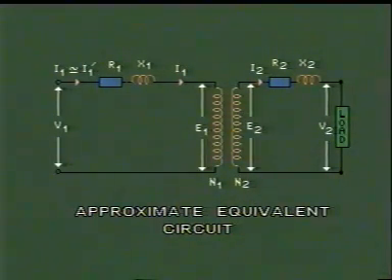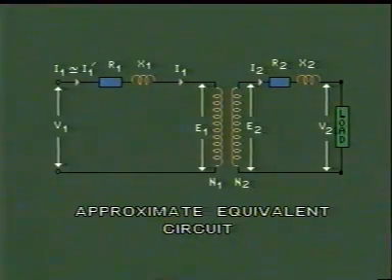This we have done to simplify the equivalent circuit. In this process we have made an approximation to the tune of 3 to 5%. As you know, the no load current of a transformer is about 3 to 5%.